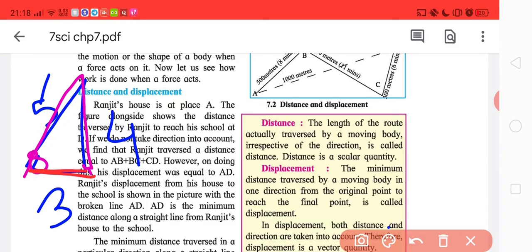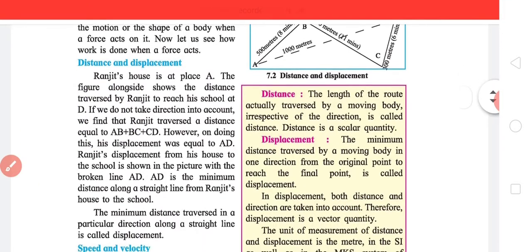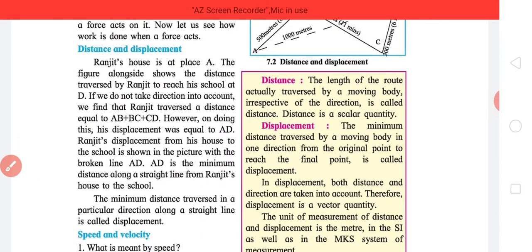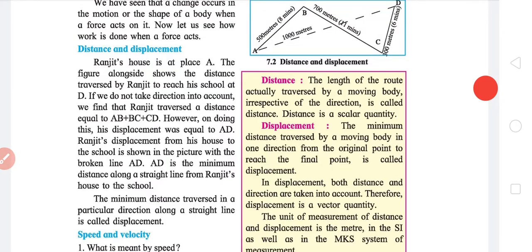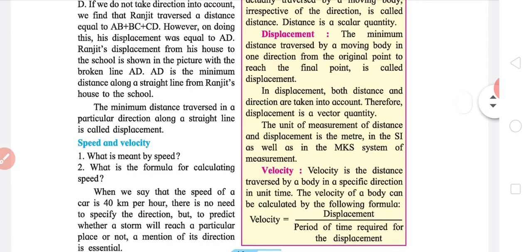So as you see, distance, the length of the route traversed by a moving body irrespective of the direction, is called distance, which is a scalar. Displacement, the minimum distance, mind it, which is often a straight line, traversed by a moving body in one direction from the original point to reach the final point, is called displacement.